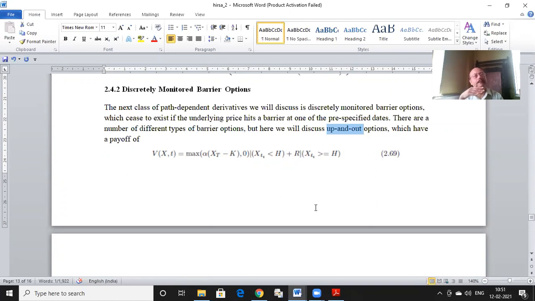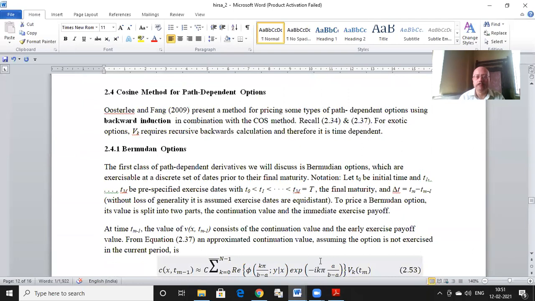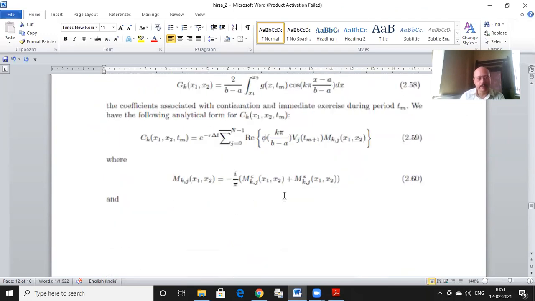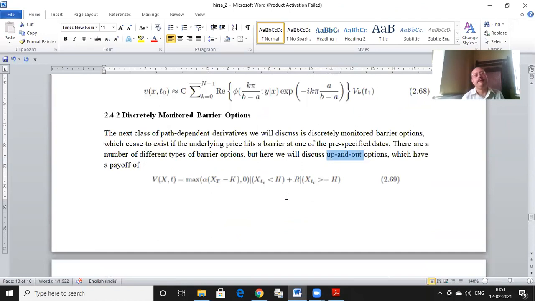We do not check the price continuously. Rather, we just check the price at some discrete set of time points. We can use the same notation like this, T1, T2 up to T capital N. So I pre-specify on which time points I will check my stock price, and then the discretely monitored barrier option says that the option will be worthless if the stock price at any of those time points goes above H.